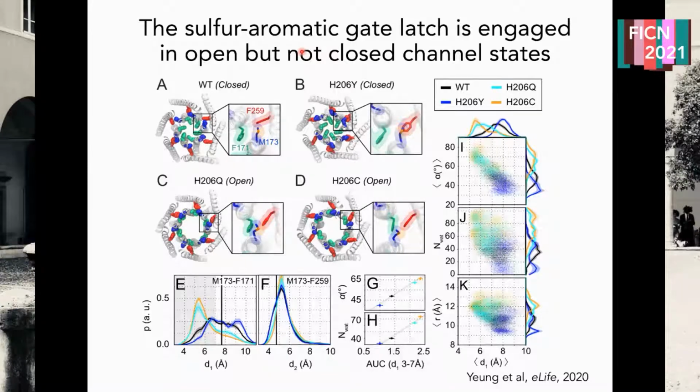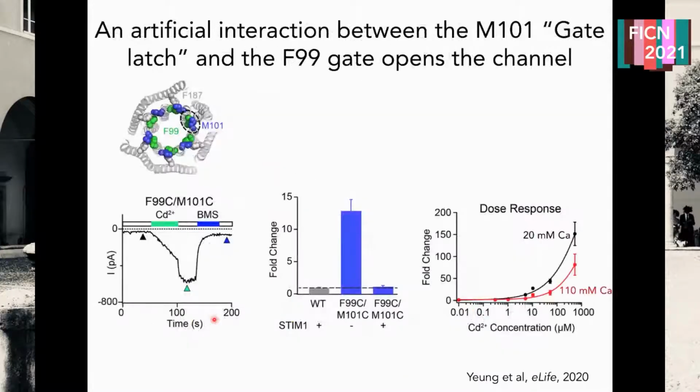But because sulfur with its slight negative charge can potentially attract the phenylalanine, we wondered whether this interaction might be what's causing the F99 gate to displace away. So as an experimental test, we asked, if you artificially promote an interaction between F99 and M101, what will happen to channel gating?